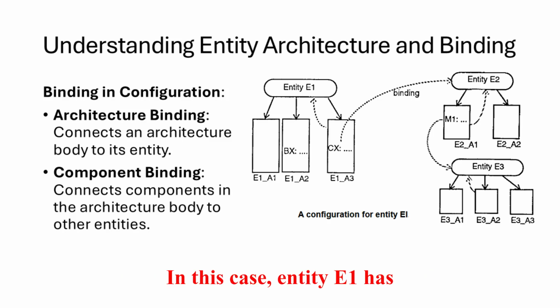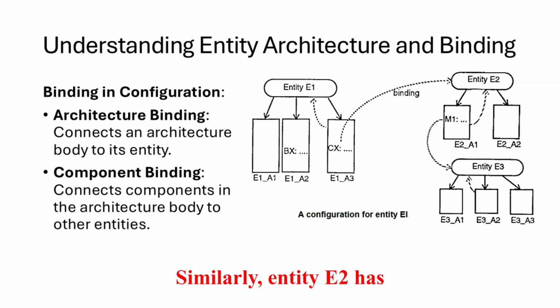In this case, entity E1 has three architectures, E1_A1, E1_A2, and E1_A3. For instance, E1_A1 is a purely behavioral model, while E1_A2 and E1_A3 incorporate components BX and CX, respectively.